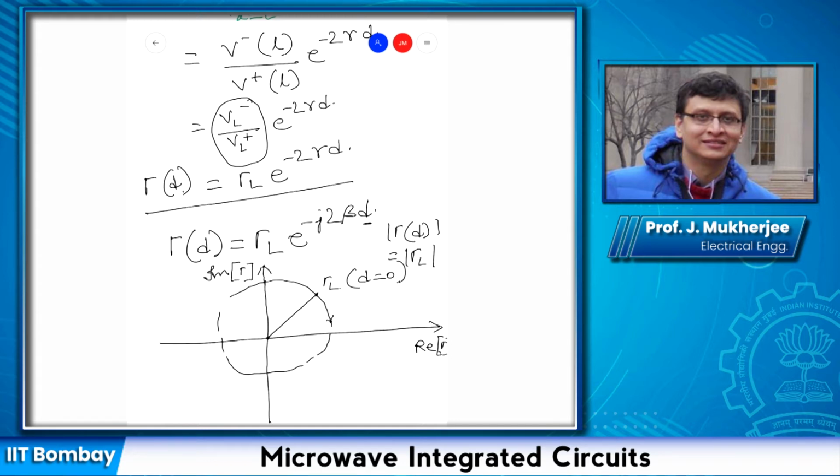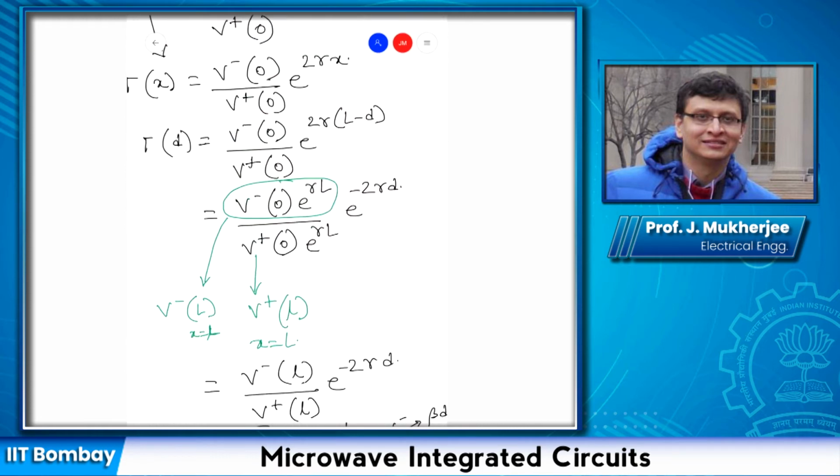Okay. Further, note that when the distance changes, so if I go from 0 to D, that is initially the distance from load end was 0, now the distance from the load end is D, whereas the phase of V minus changes by beta D, the phase of V plus changes by beta D, isn't it? That's what we saw here.